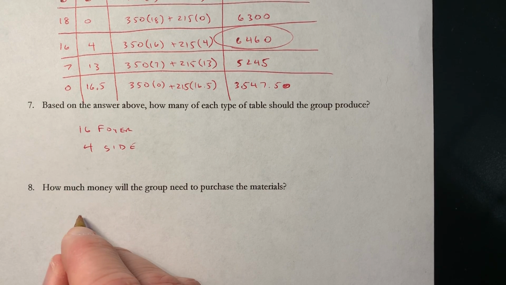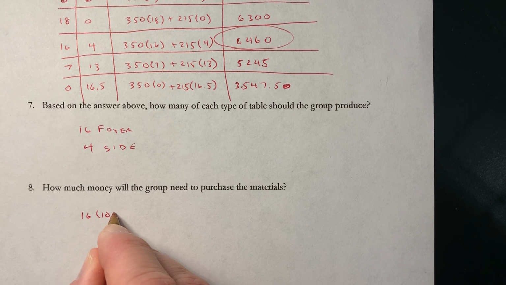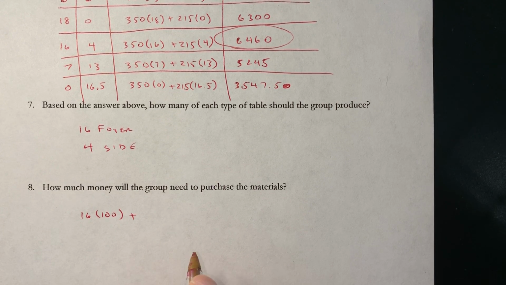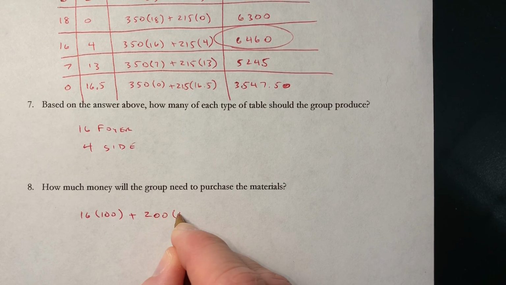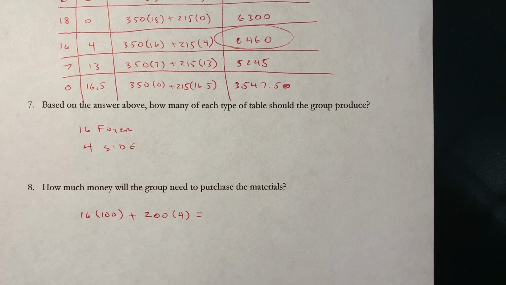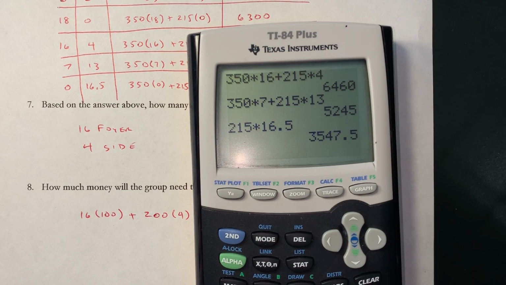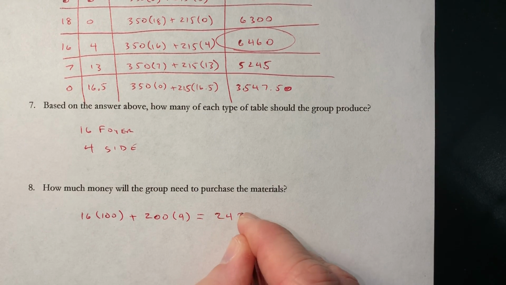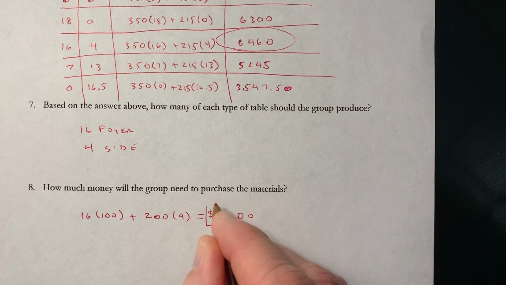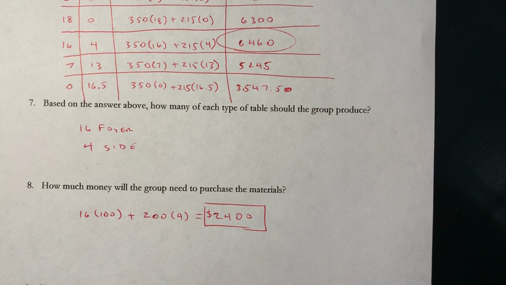So that's 16 times 100 plus 200 times 4. That's $2,400. That's how much it's going to cost to purchase their materials.